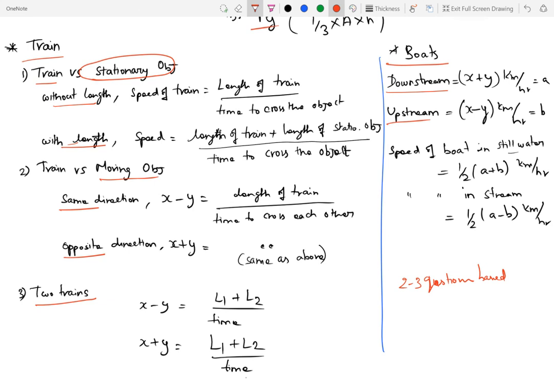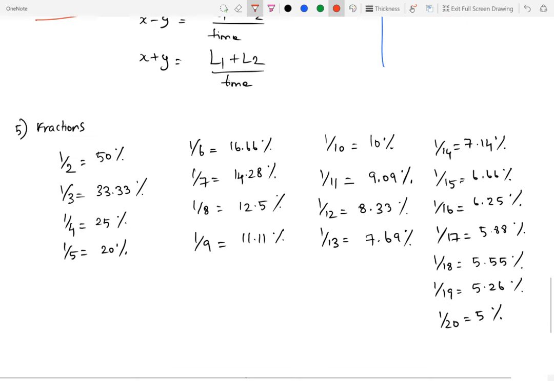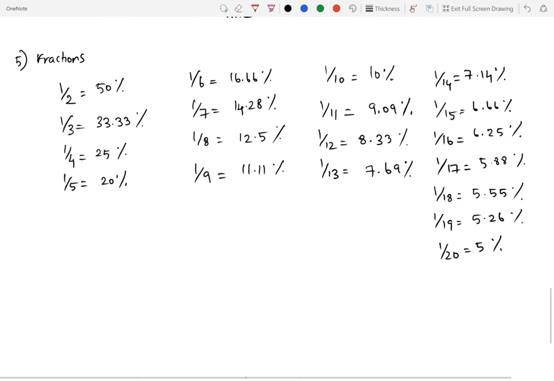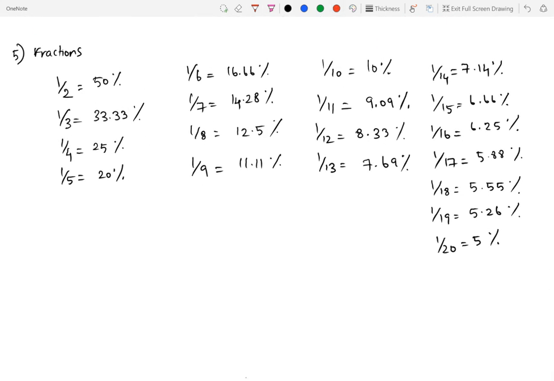Okay, it will be very very helpful if you have written all these above formulas within the given time limit. Then the last one is fractions. Fractions is the most confusing part you may ever face in the competitive exam. So it is necessary to spend a few seconds to write these basic fractions in the rough sheet.